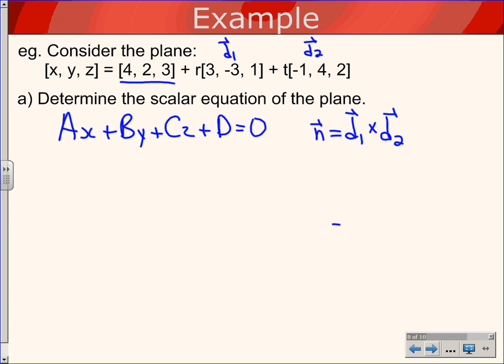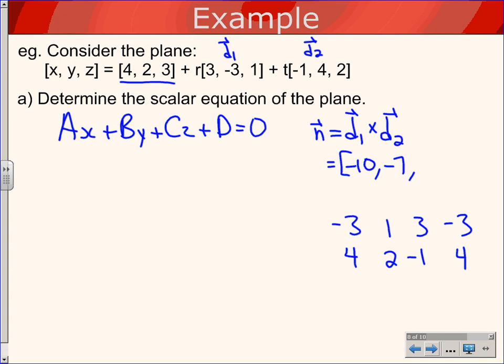Cross product, minus 1 minus 6, and then a 12 minus 3. Sorry, I'm just double checking that in my head, making sure I got that right. I hope it's right. I think it's okay.